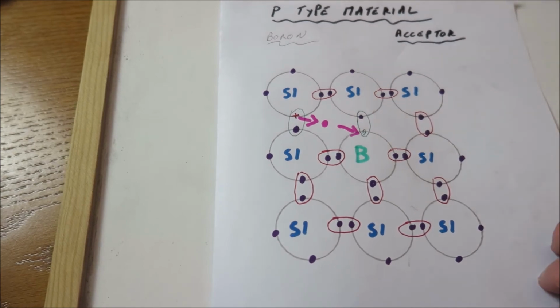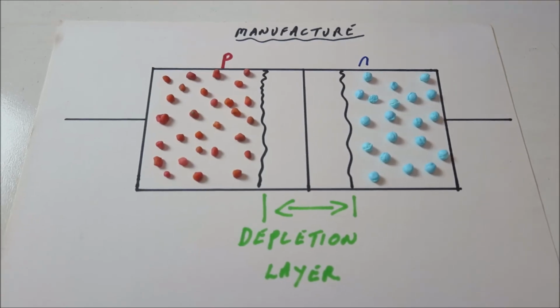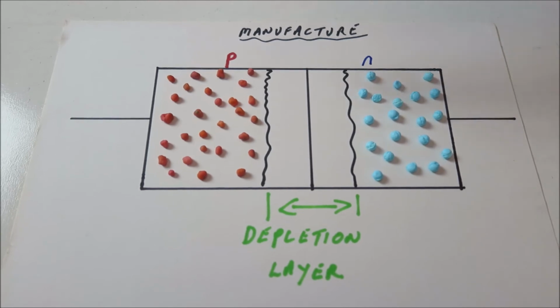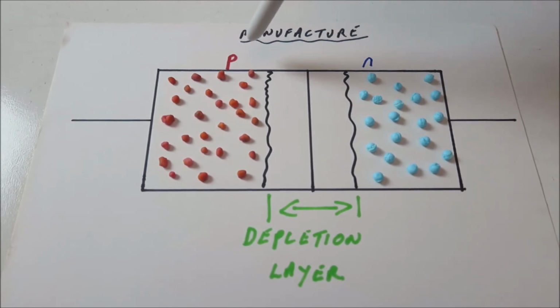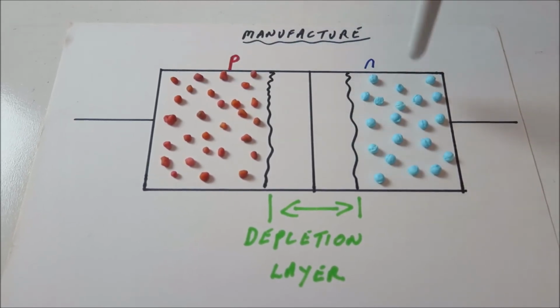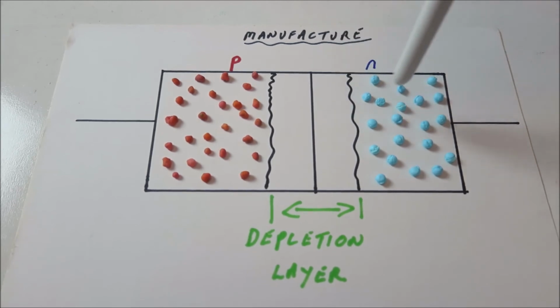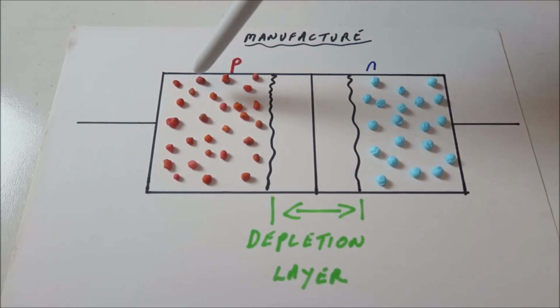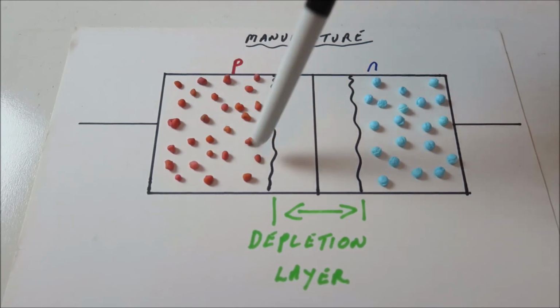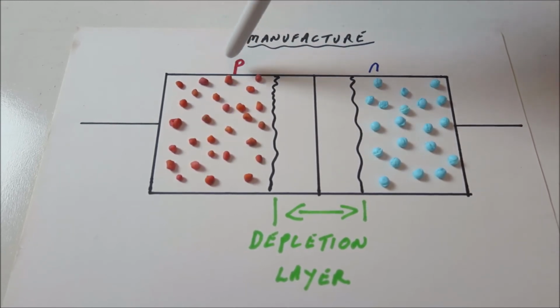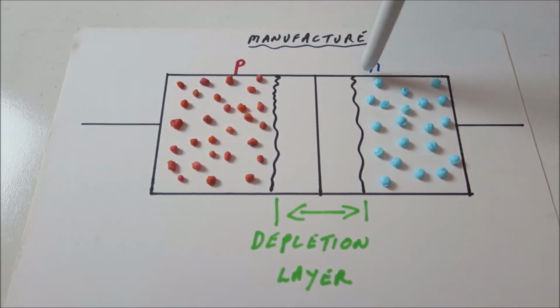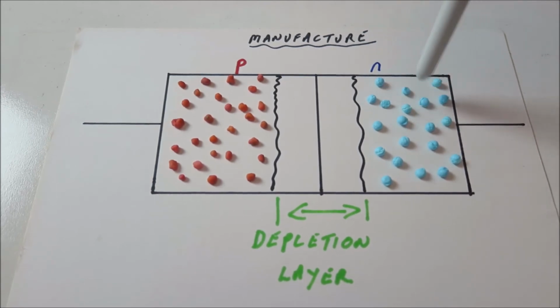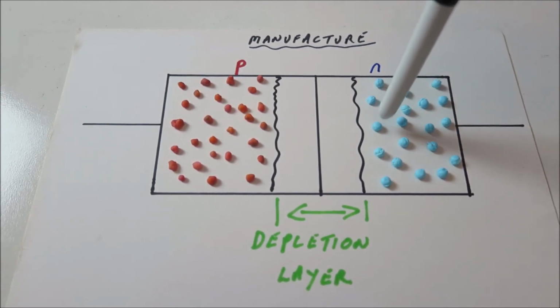So if we look at the action of the diode now, how it actually works, what we've done here is remove the silicon atoms and the dopant material atoms, the aluminium or boron or arsenic or whatever it is, and we just leave in the majority charge carriers. Here on the P side, you can see the red suites are representing the holes, and on the N side, the majority charge carriers are electrons, so they're the blue suites.